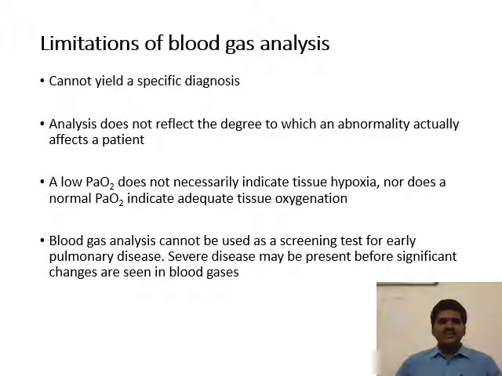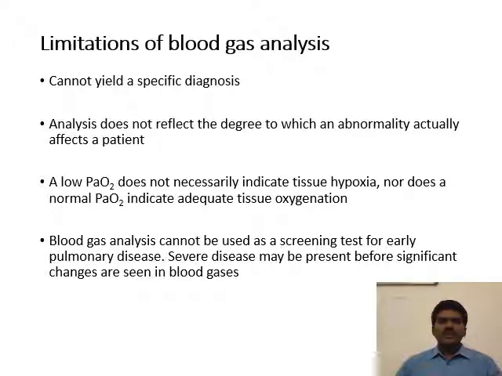There are certain limitations to the blood gas analysis. First and foremost, it tells you only the acid base status in the body. It cannot give you a specific diagnosis. Similarly, the absolute values which you look at in the ABG will not reflect how much they are affecting the patient.